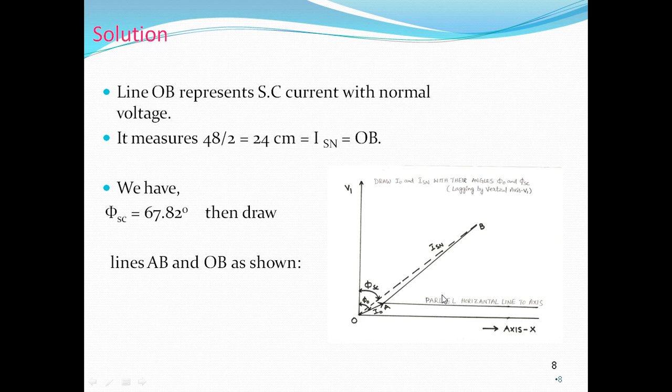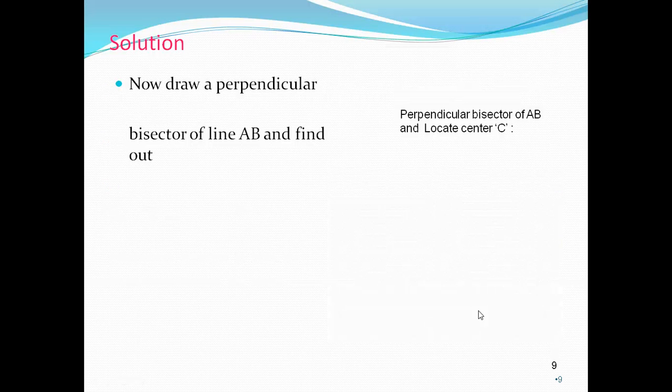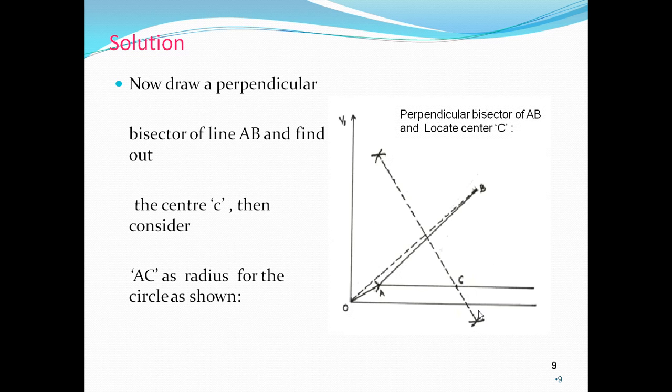Then with the same radius, B as center, draw an arc on both sides so that it cuts the previous arc. Then what happened? You will get 2 points. Join these 2 points and extend it so that it cuts the line AD at a point C.